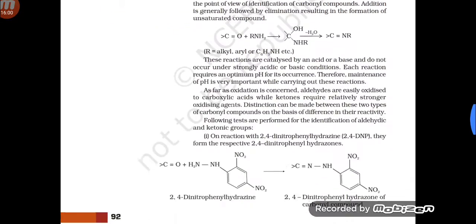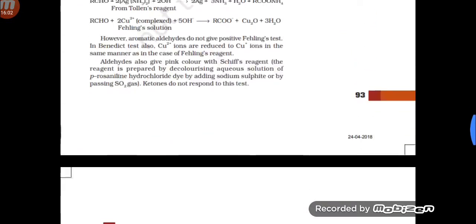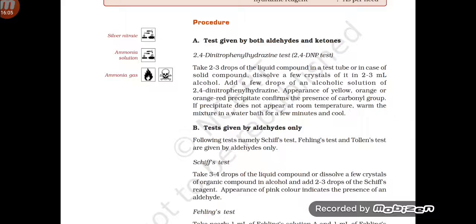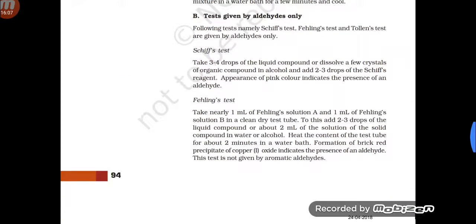In this video, we started this. We have first the test which is given by both of them. Then we studied those tests which are given by aldehydes only, and in those also the Schiff's test. The Schiff's test shows the presence of an aldehyde, both aliphatic and aromatic. Then the Fehling's test is given only by the aliphatic aldehydes and not by the aromatic aldehydes.